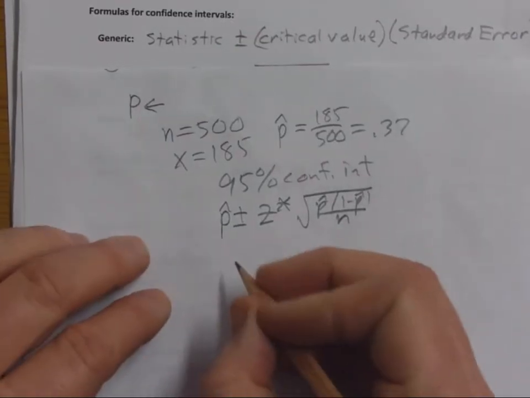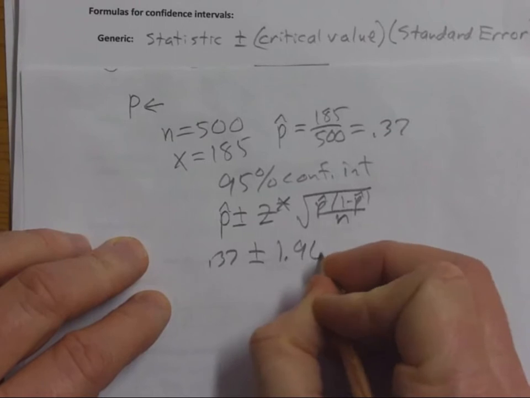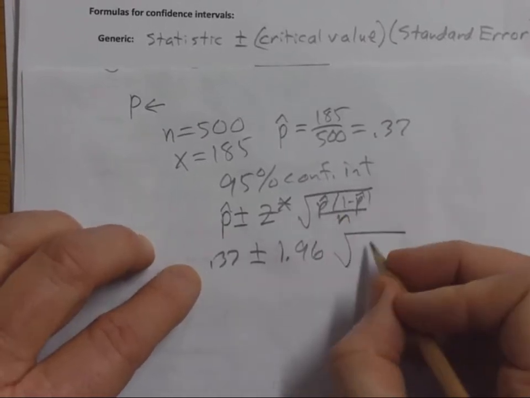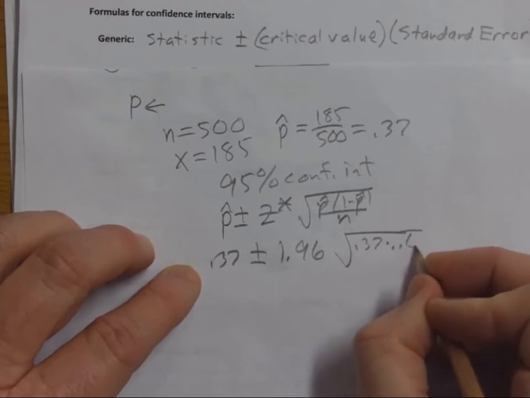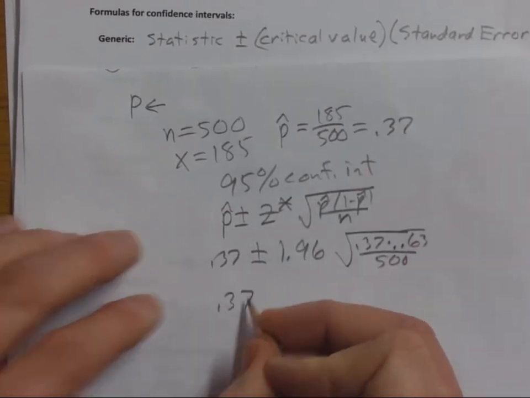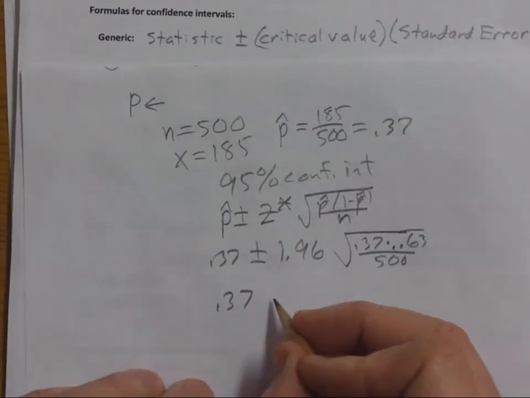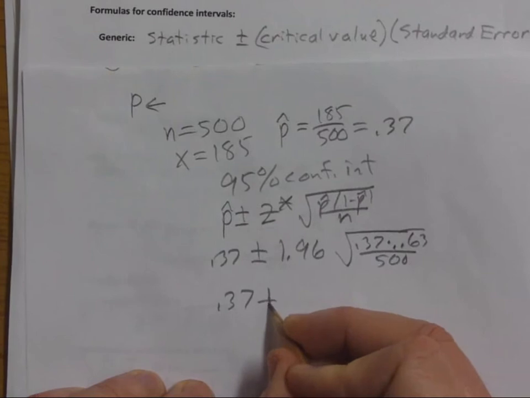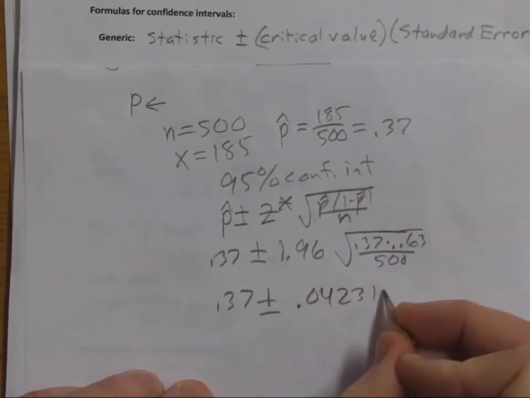So, of course, this right here is 0.37 plus or minus 1.96 times the square root of 0.37 times 0.63 over 500. And so that ends up being plus or minus 0.042319.